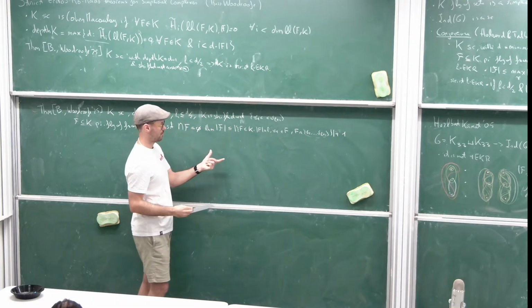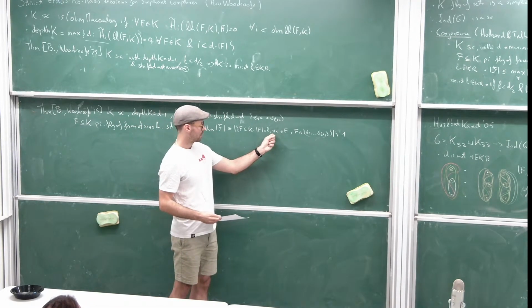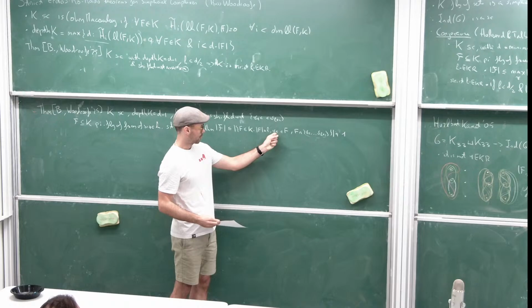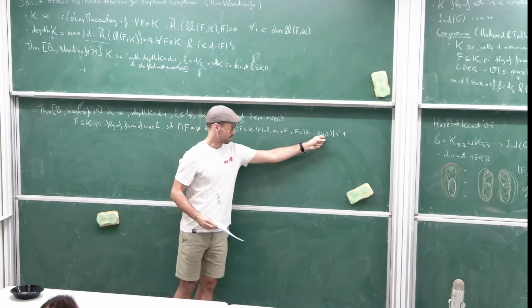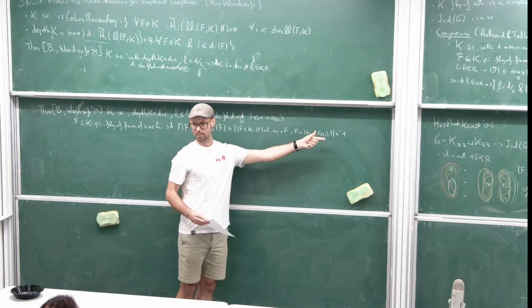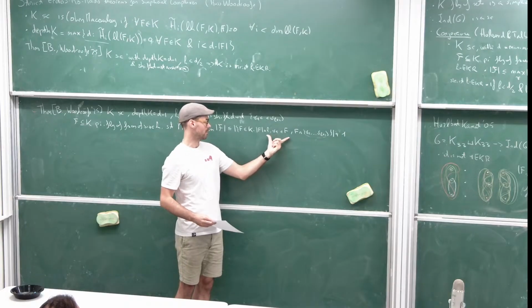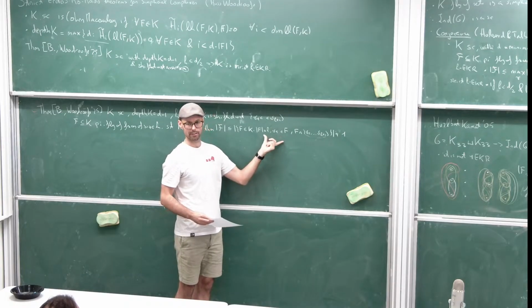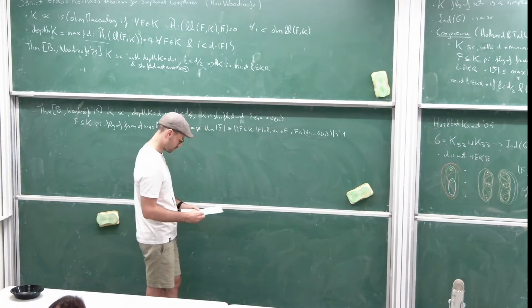So the maximal family is given by everything that contains V1 and intersects this K set, similar to the setting of the Hilton-Milner theorem.